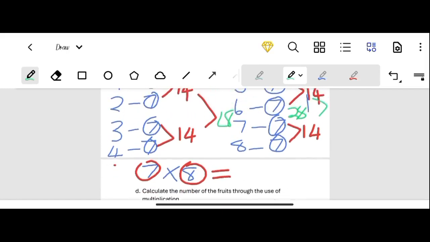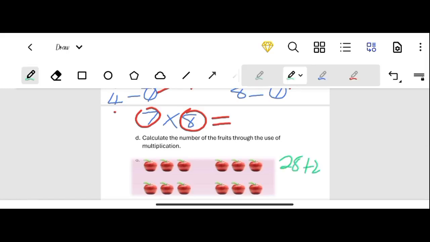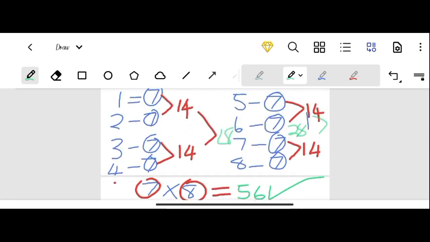The last part, we have 28 plus 28, which is supposed to give us 56. So 7 times 8 is 56. And then you are done with number 1 or letter A.